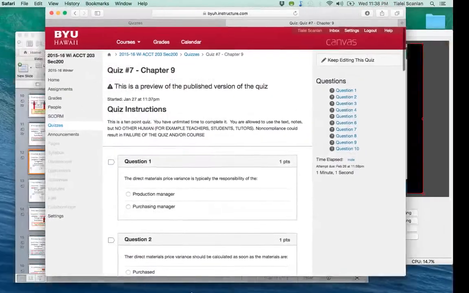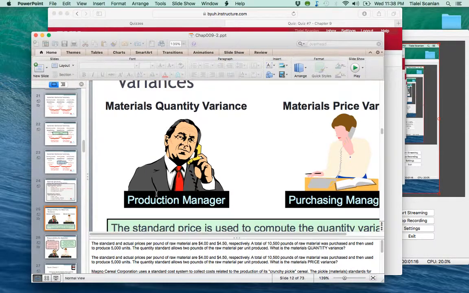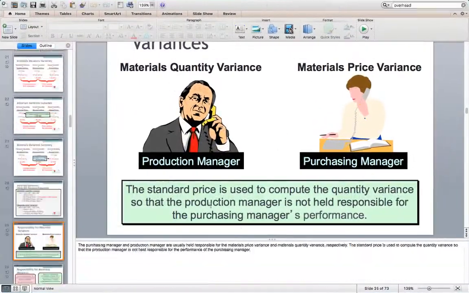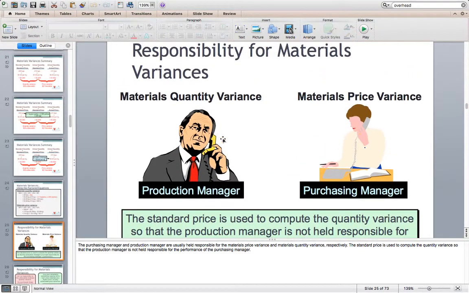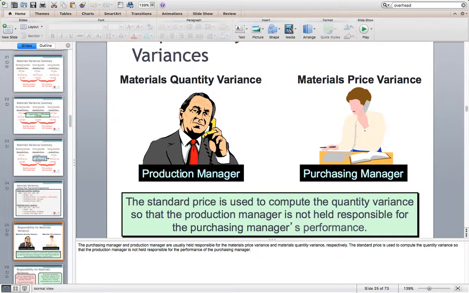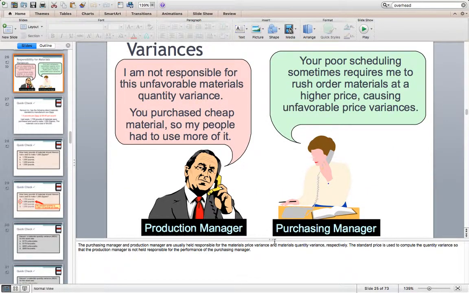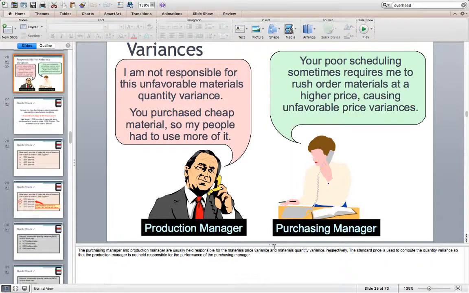And so we'll go to the slides that are Chapter 9 right from Canvas. If you look at these slides, you can see responsibility for materials variances, materials quantity variance, materials price variance. The production manager will talk to the purchasing manager, and the purchasing manager will get mad that they're not being efficient, that they have poor scheduling, and that will cause unfavorable variances.